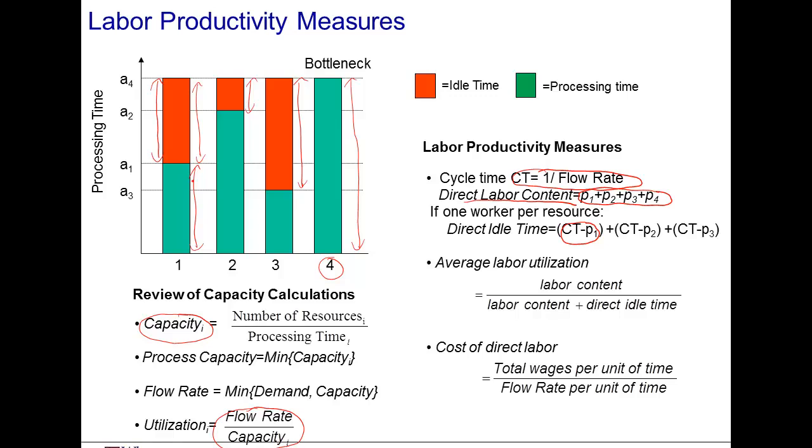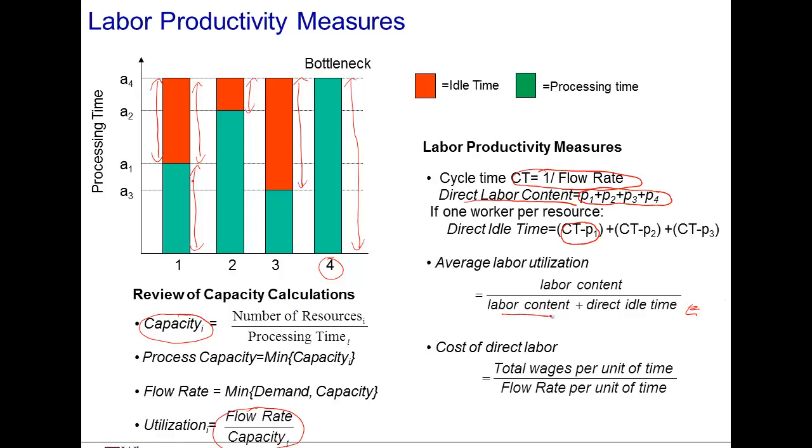amount of idle time. We can then define the average labor utilization in the process as a ratio between the labor content, remember the sum of the processing times, and the labor content plus all the direct idle time. The labor content really measures how much green there is in the process, versus the labor content plus the direct idle time, the denominator here in this definition, which captures how much time I have to be paying for in total.